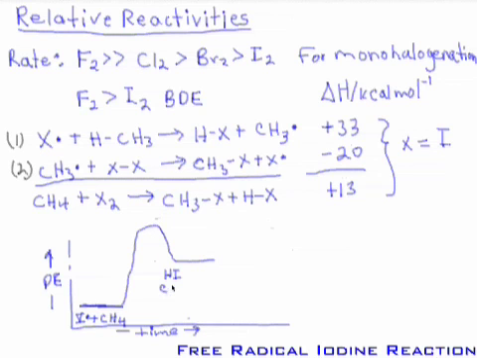The CH3 dot then can react with I2, and if it does so, now we get a bit of an exothermic reaction. Not quite as low as the original. And you get CH3I plus I dot.